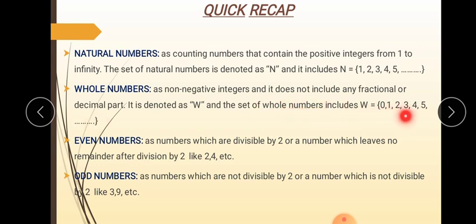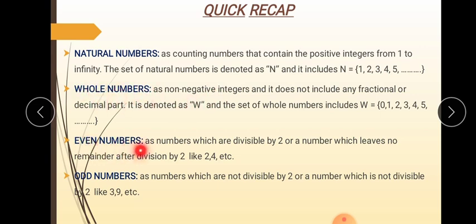So all these numbers will be included in the set of whole numbers. One very important thing is that whole numbers has no fractional part. So remember this point. Whole numbers cannot have fractional part or decimal part. So any fractional number or decimal numbers cannot be included in the set of whole numbers.